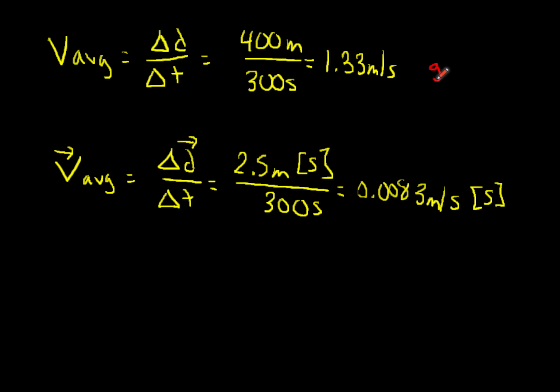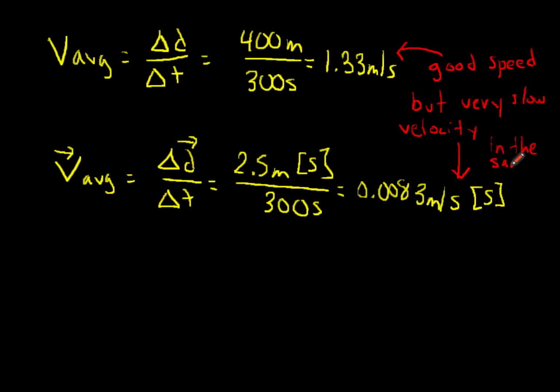So even though the dog is traveling at a good average speed throughout the trip, he's traveling at a very slow average velocity. This is a good example of how velocity and speed can actually be quite different for the same trip.